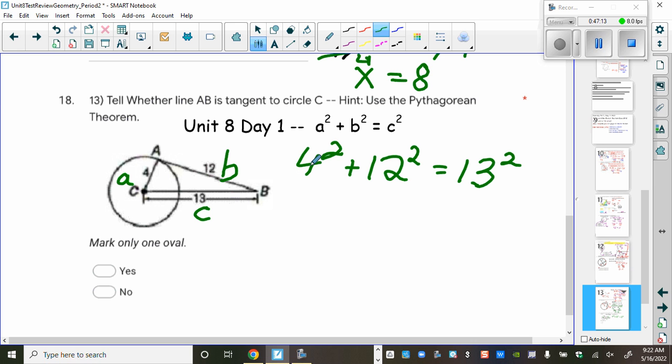And then we just do the math. 4 squared is what number? What's 4 times 4? 16. What's 12 times 12? 13 squared? 169.